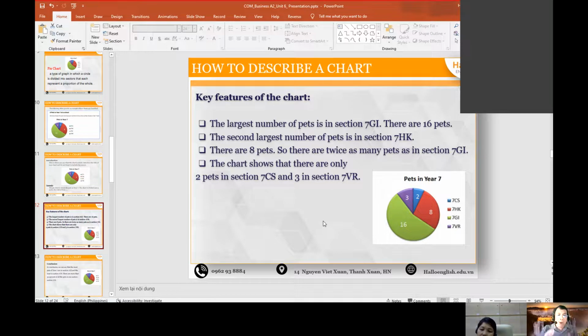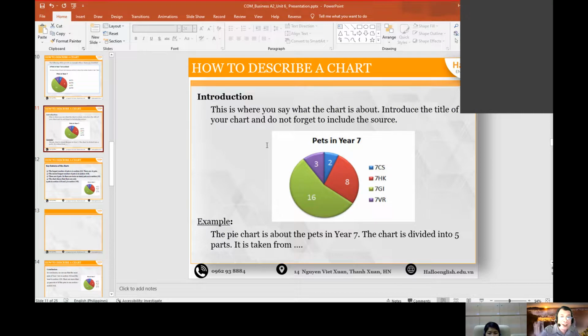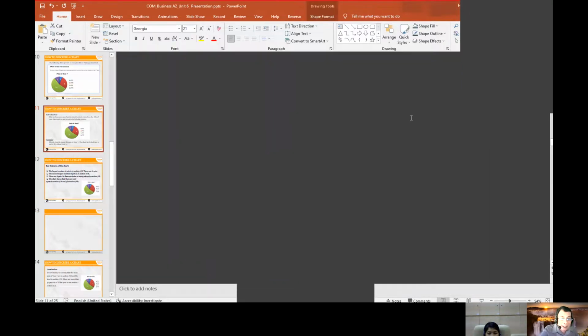Okay, now how are we going to do this if we are going to write an essay? So this is what we're going to do. So what's the introduction again? So we have to copy this one. The introduction would include this one.